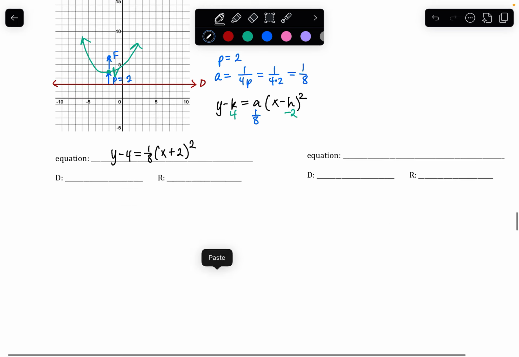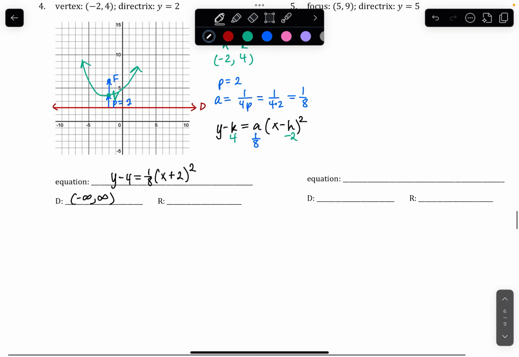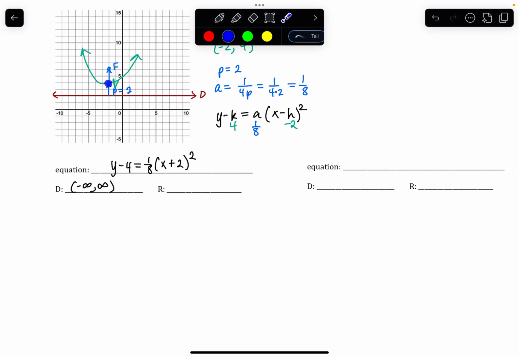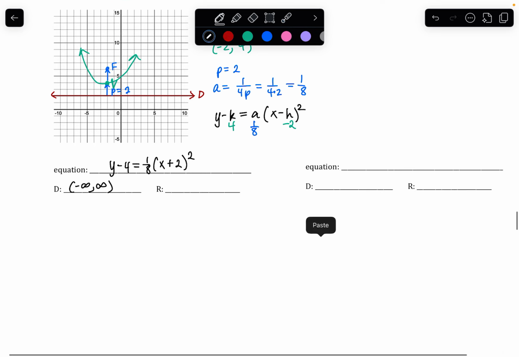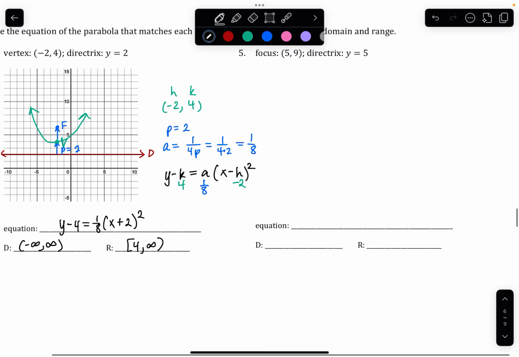Domain still -infinity to +infinity, but this time because it's opening up, our minimum is the 4, and it's going to +infinity. So 4 with a bracket to +infinity with the parenthesis.